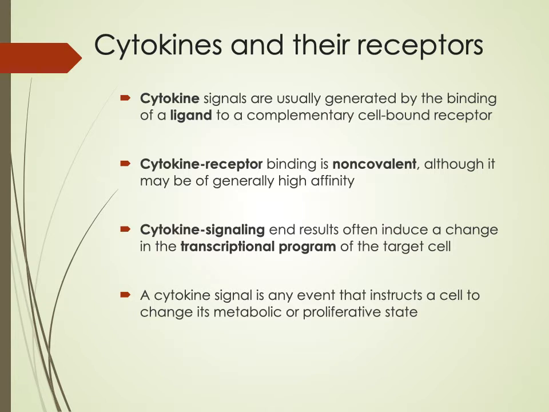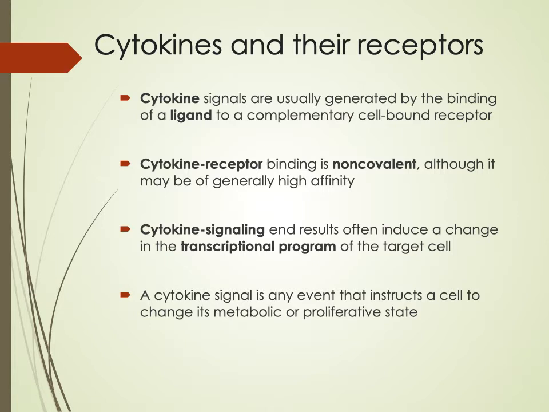So then we get the cytokine receptor binding. This is non-covalent, but there can still be a high affinity that occurs. From that cytokine signaling, we're going to end up getting induction of changes in transcription programming of the target cell, and this can lead to changes in its metabolic and proliferative state, so that we can get immune cells that will actually proliferate and then provide their function.